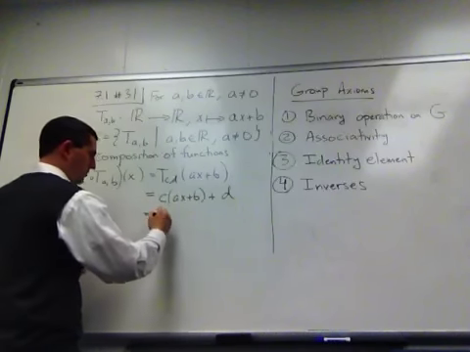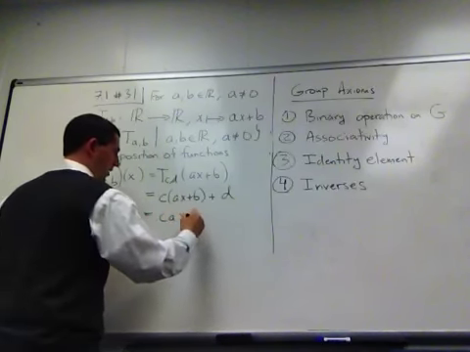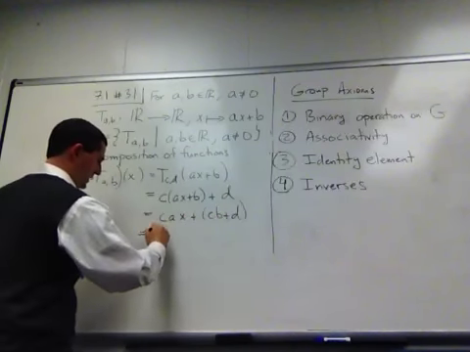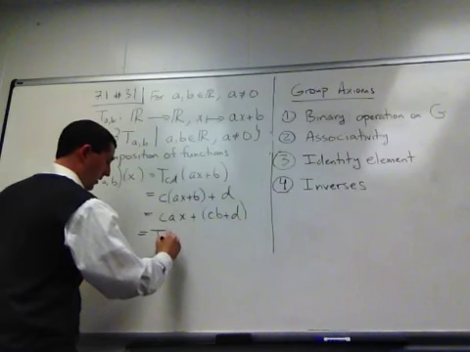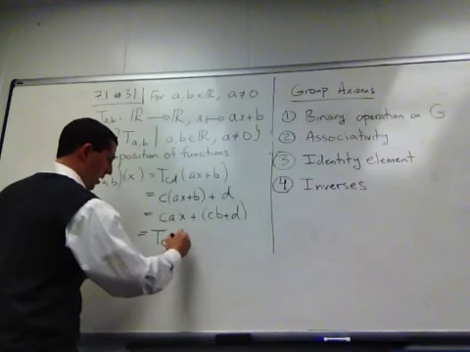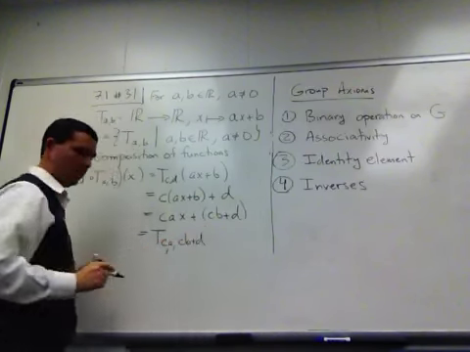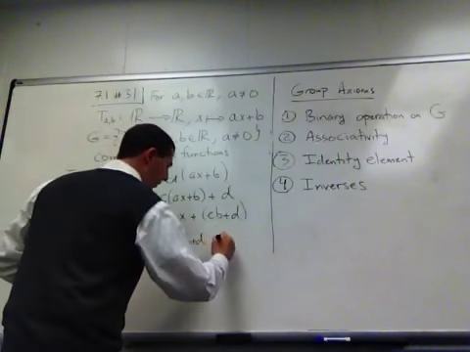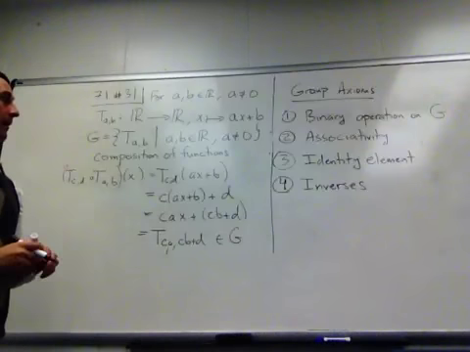If we rearrange the terms, we get cax plus cb plus d. And this is precisely t sub ca comma cb plus d. So this is again an element of our G, and so we really have a binary operation.